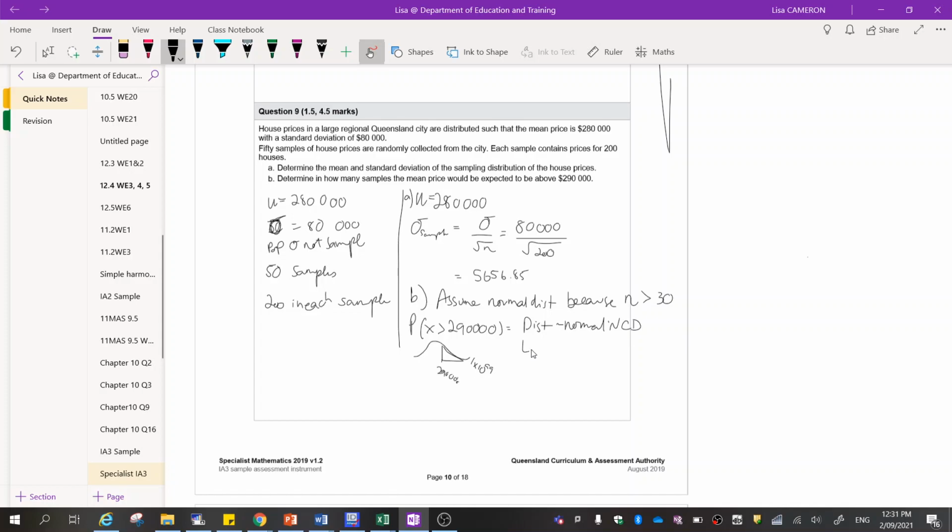So here we'll have lower as 290,000, upper is 1 times 10 to the power of 99. Our standard deviation is the sample standard deviation, 5656.85, and our mean is equal to 280,000. Now, make sure that when you're doing this, you're being careful that you don't flip the standard deviation and the mean around in your calculator.